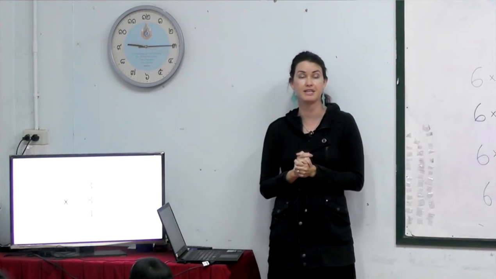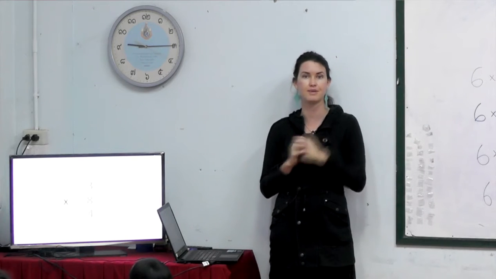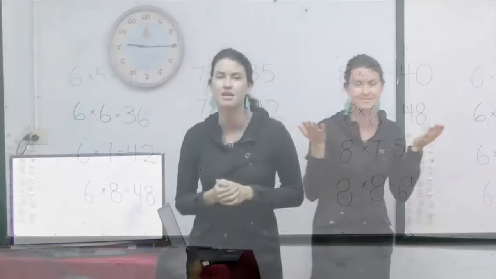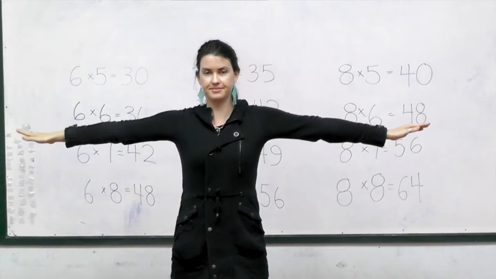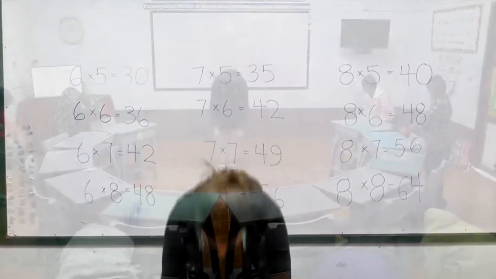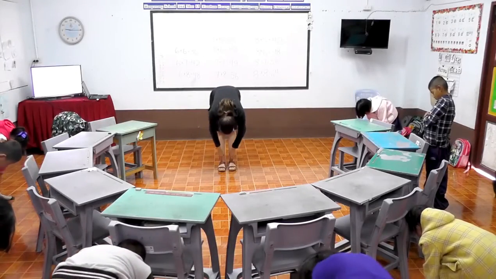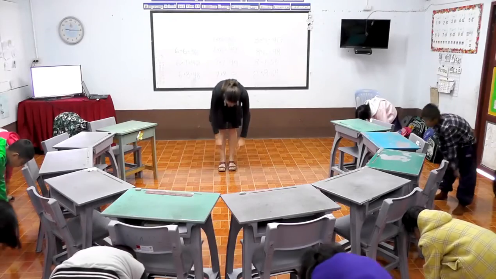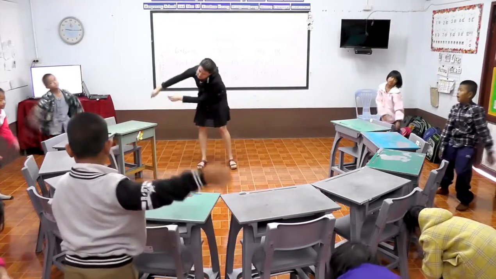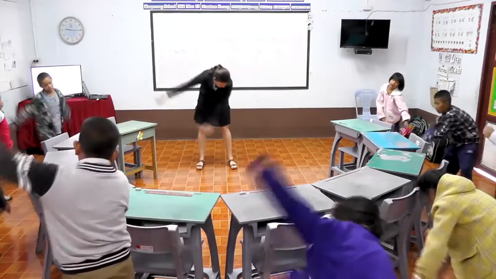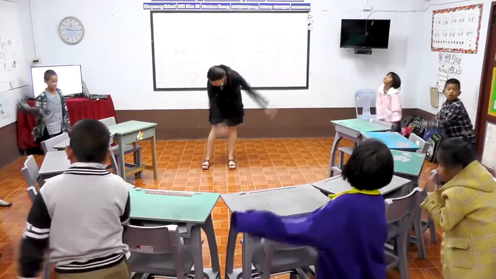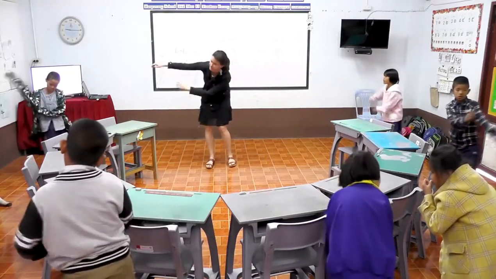So we're going to do a little bit of a stretch break, and we'll do some practice on our board with what we just learned. Everybody stand up. Put your arms in a T and touch your toes. Come up halfway. Swing your monkey arms. Very nice. Pretend they're so heavy. Be careful of your neighbor.